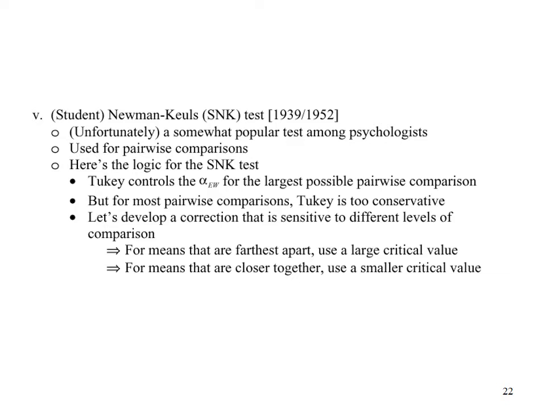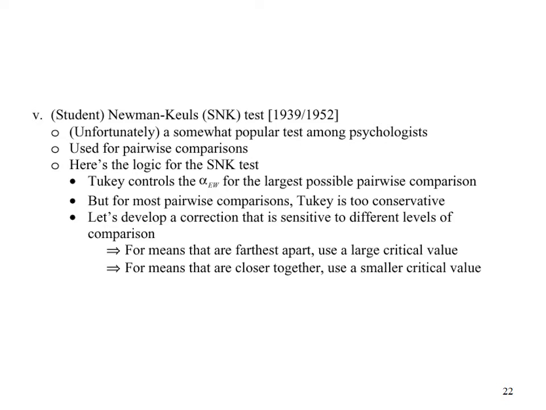It uses a Tukey approach, but adjusts the p-values much like Hochberg. It uses a similar graded significance approach that we talked about for Hochberg. So what SNK does is it develops a correction that is sensitive to different levels of comparison. It literally changes the critical value based on how close or how far the means are. It's all done post hoc.